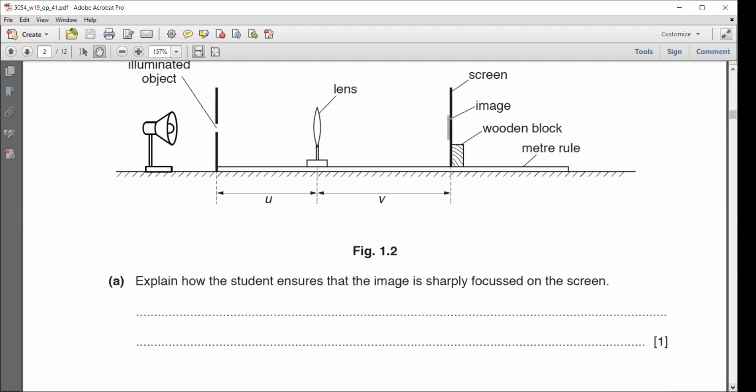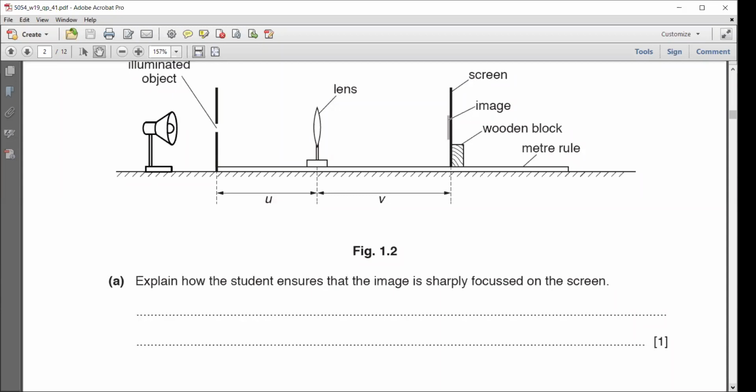The lens can be moved also, but the best one we should choose is the screen, right? The reason? Because we are observing the image on the screen. If you want to see whether the image is clear or not, it's better to move the screen.